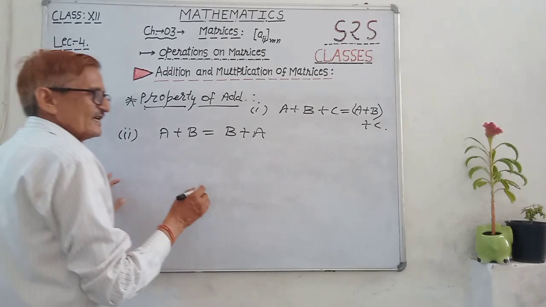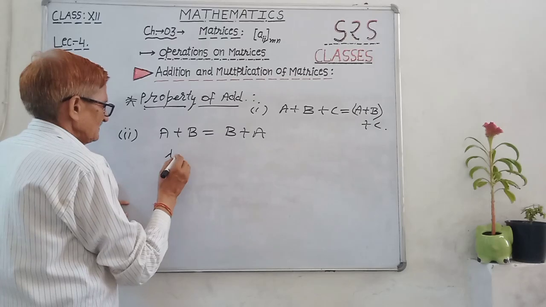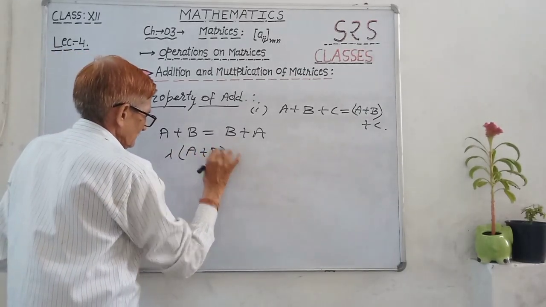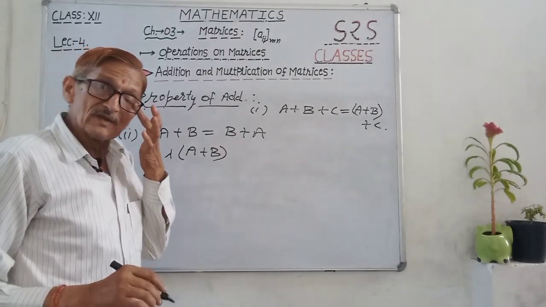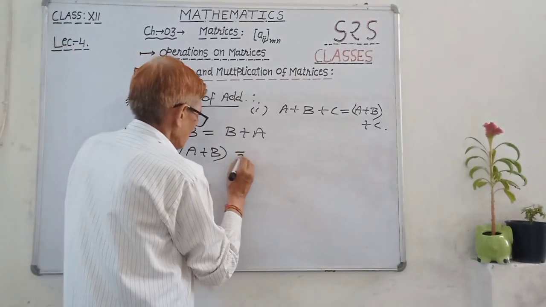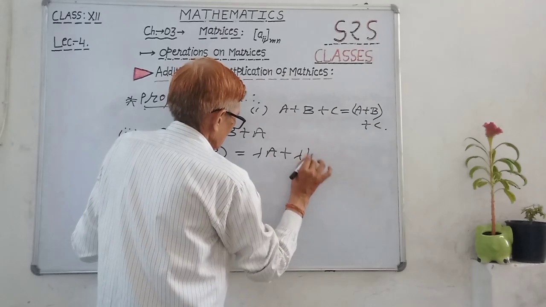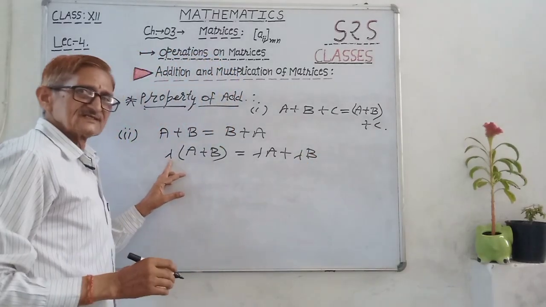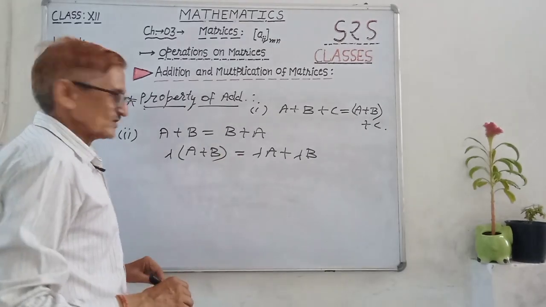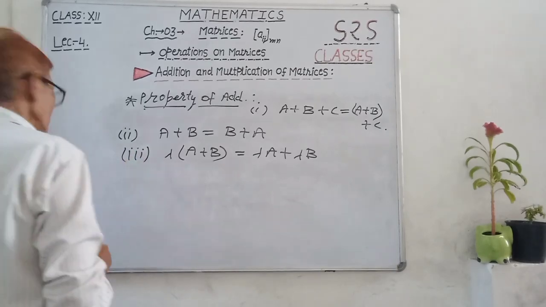After that, if you want to take lambda into A plus B, so A plus B done and then make multiply by lambda, so it will be lambda A plus lambda B. Lambda is any scalar quantity. Lambda is any scalar. So multiply with both scalar. So simple things are there in the addition. Okay, we can do that.